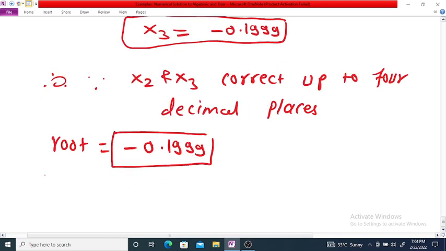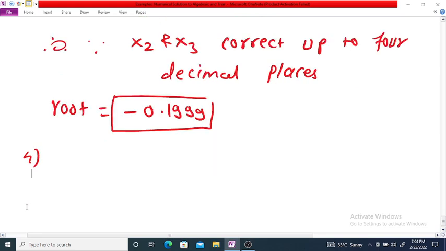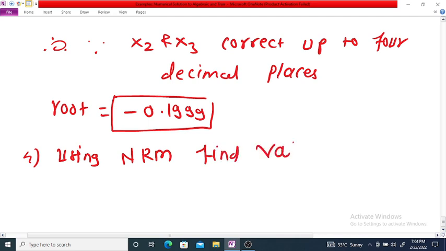The last example, number 4. Using the Newton-Raphson method, find the value of under root 10.